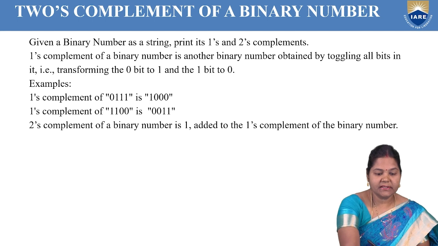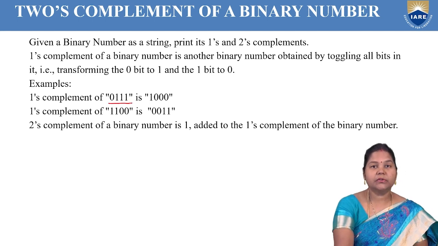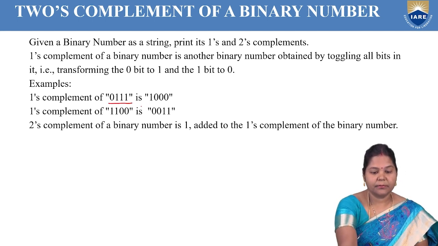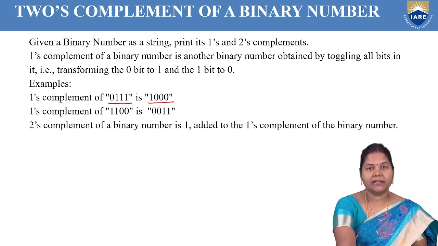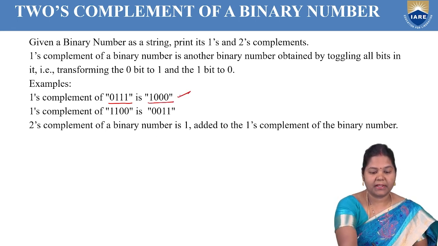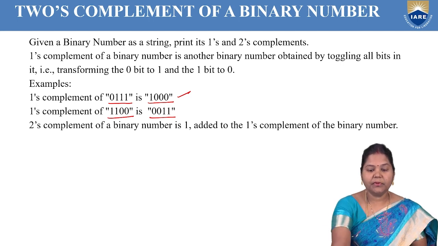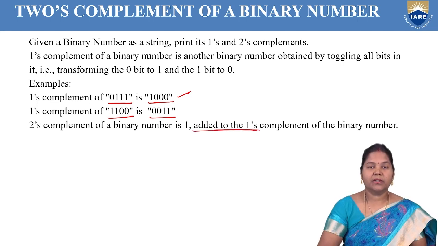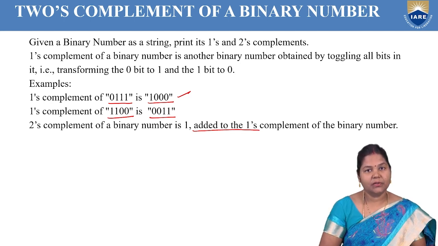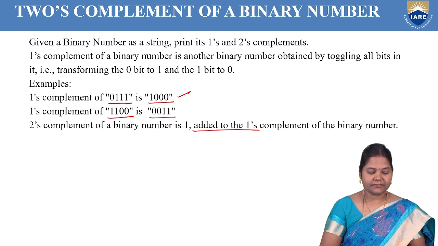For example, the ones complement of 0111 is 1000, and 1100 is changed to 0011. After finding the ones complement, if you add 1 to it, the resultant sum is the twos complement of the number.